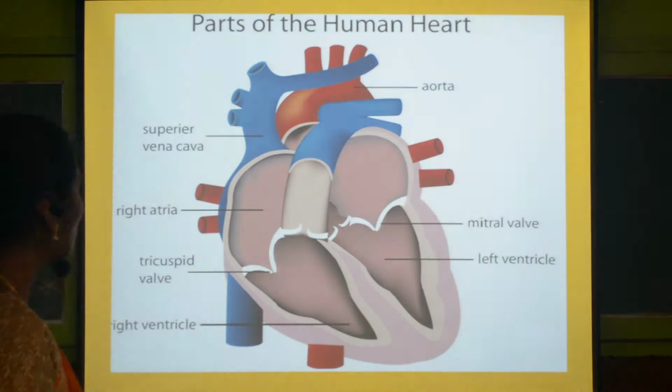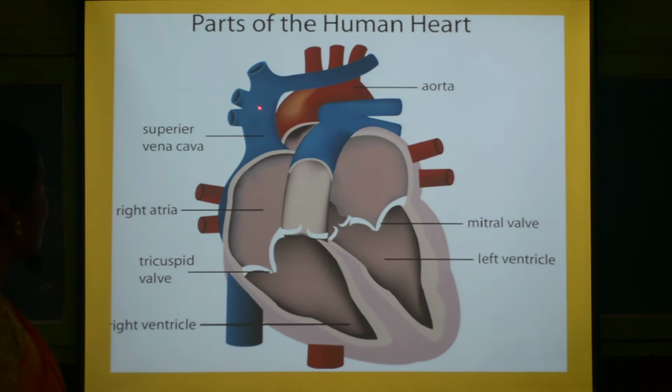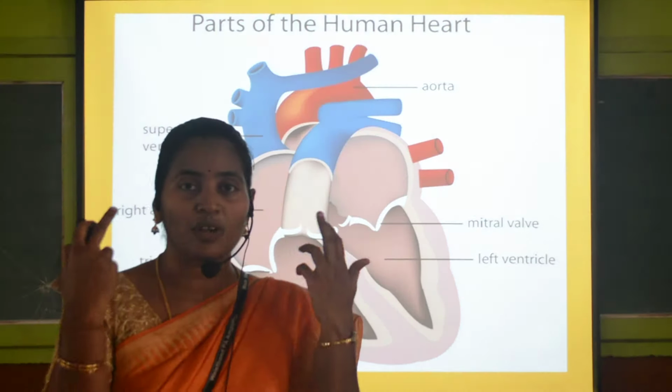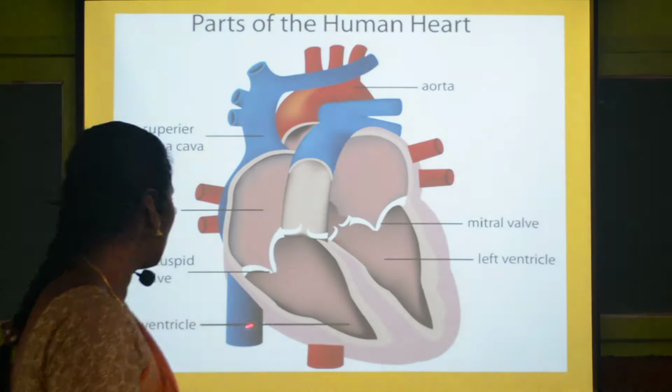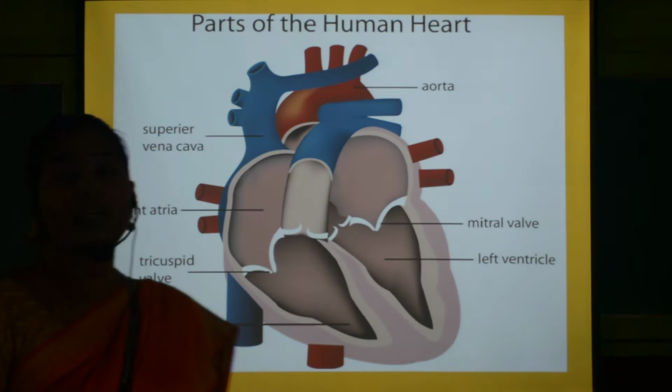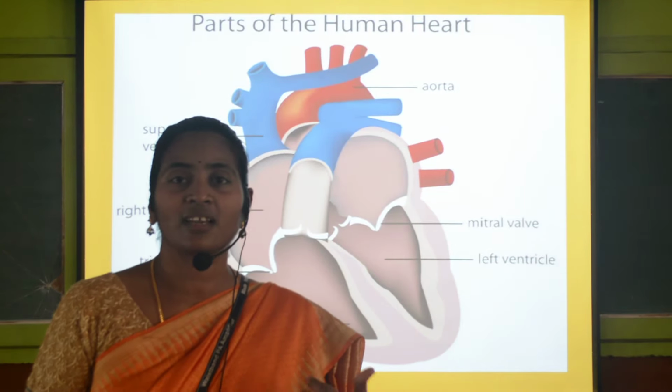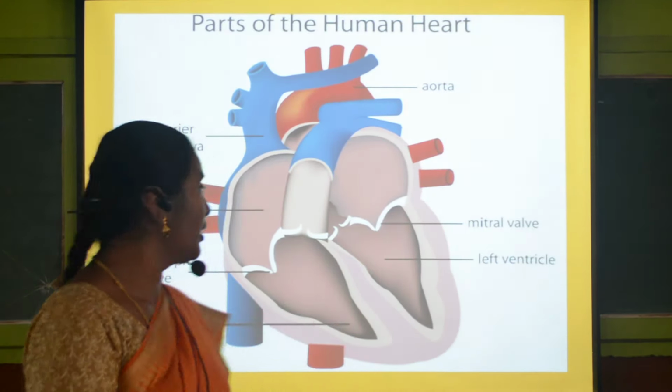Clear, children? So now this is the superior vena cava and this is the inferior vena cava. So what is the function of these two, children? This superior vena cava collects the blood from upper portions, that is from the head and neck regions, whereas this inferior vena cava collects the blood from the lower parts like legs and abdomen, lower abdomen and all.